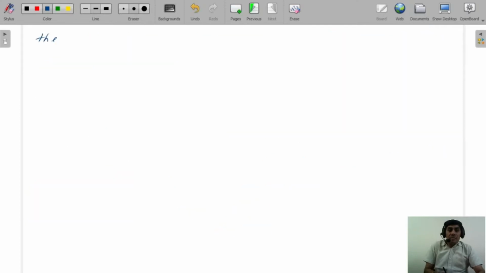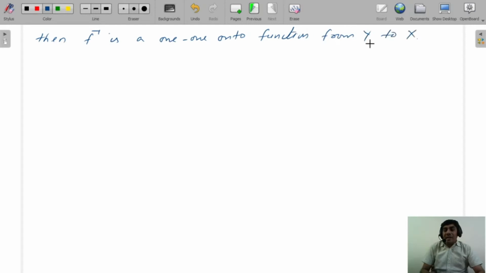Then f inverse is a one-one onto function from Y to X.